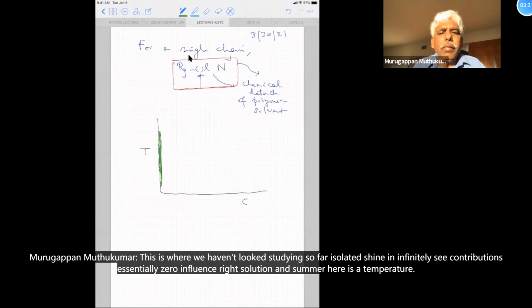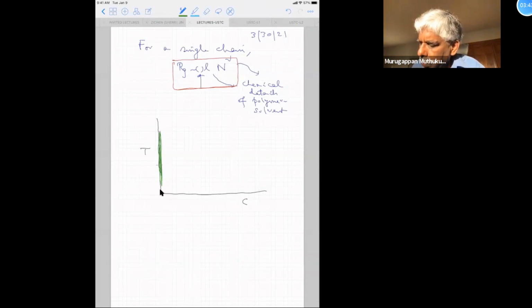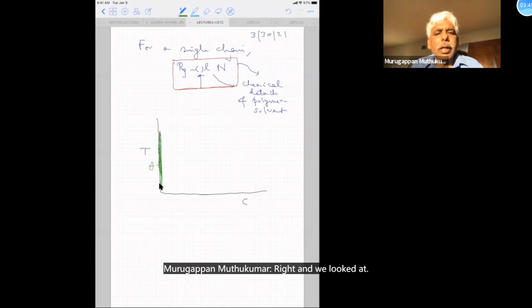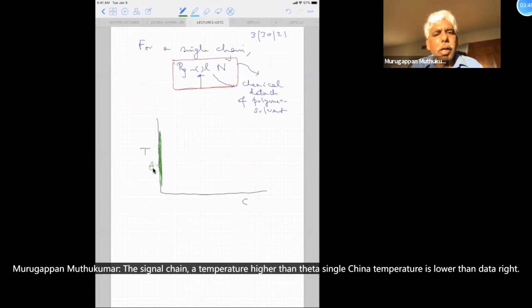This is where we have been studying so far: an isolated chain, with concentration C essentially 0, an infinitely dilute solution. And somewhere here is, say, the theta temperature. We looked at the single chain at temperatures higher than theta, and the single chain at temperatures lower than theta.